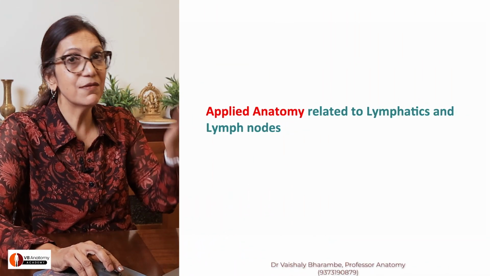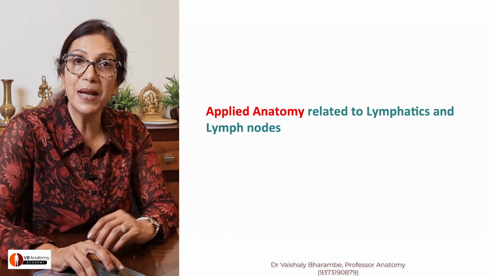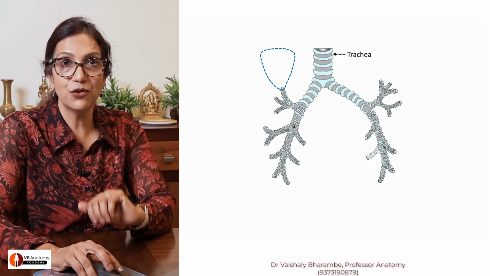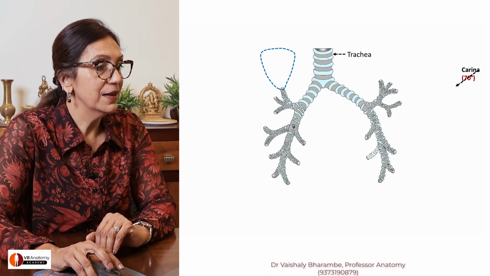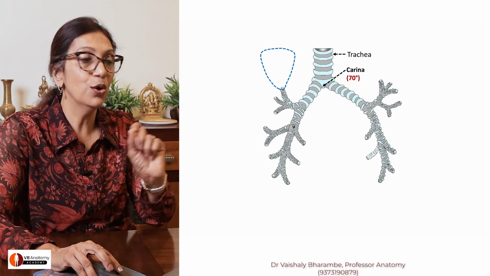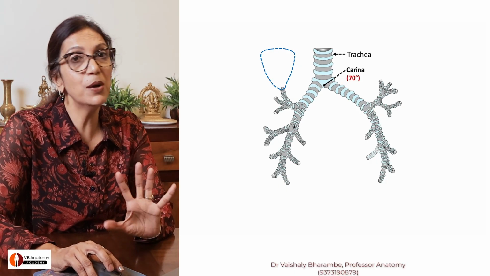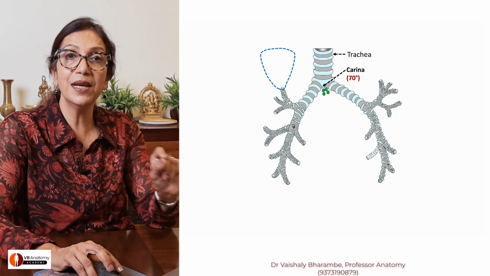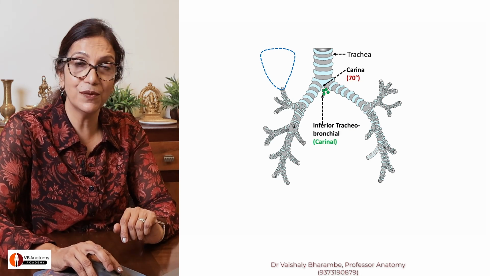Now, applied anatomy, which is why we study all this, because it's got applied importance to it. For that, let's quickly touch on the trachea. Trachea dividing into two principal bronchi at an angle called the carina, which is about 70 degrees. Just below it, I just showed you the inferior tracheobronchial lymph nodes.